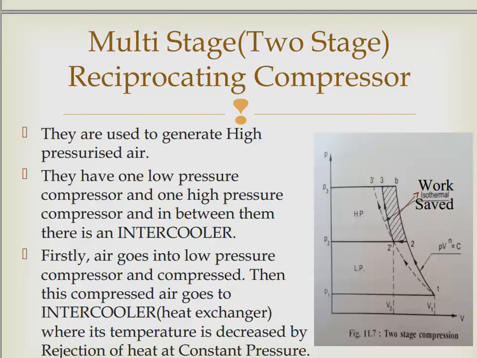First, air goes into the low pressure compressor and gets compressed. Then this compressed air goes to the intercooler, where its temperature is decreased by rejection of heat at constant pressure. You can see in this figure that 1 to 2 is for the low pressure, and for the high pressure it goes to the B point.